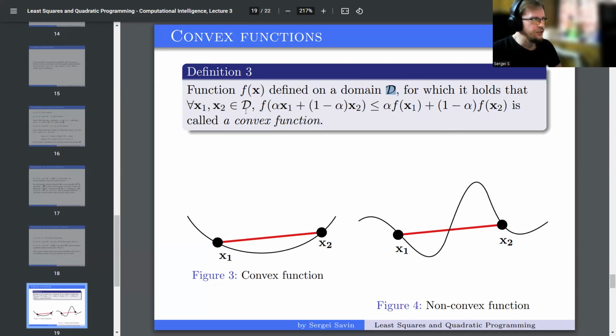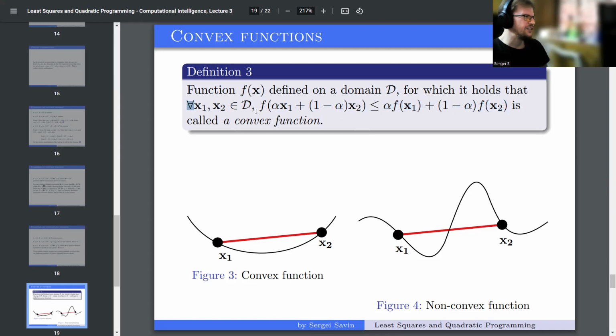If for this function, it is true that for all x1 and x2 in the domain, the function of the linear combination, so the convex combination of x1 and x2, is less than or equal to the same convex combination of the outputs of this function, then it is called convex.